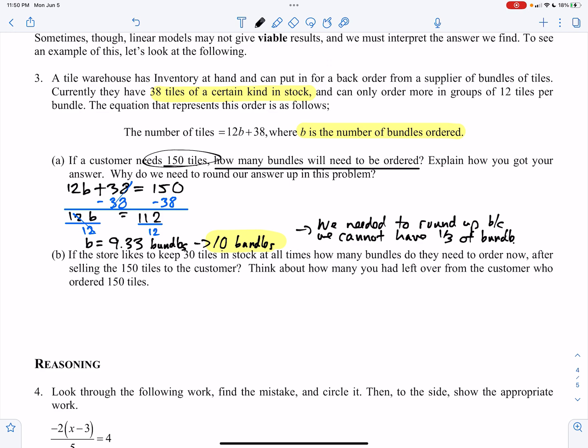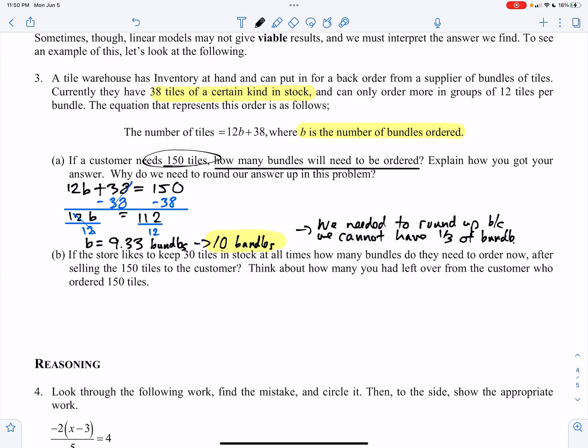Part B. If the store likes to keep 30 tiles in stock at all times, how many bundles do they need to order after selling 150 tiles to the customer? Think about how many you had left over from the customer who ordered 150 tiles. What might be confusing about this is we have different units.